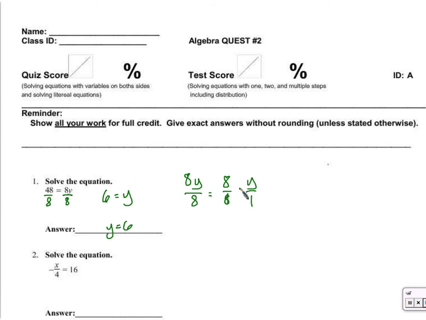In case you're wondering if that's allowed, we just multiply these two fractions together. 8 times y is 8y, 8 times 1 is 8. And 8 divided by 8 is just 1. Y divided by 1 is just y. So what we really have here is 1 times y, which is the same as y. So definitely if we have 8y and we divide by 8, the 8's cancel, quote unquote cancel.